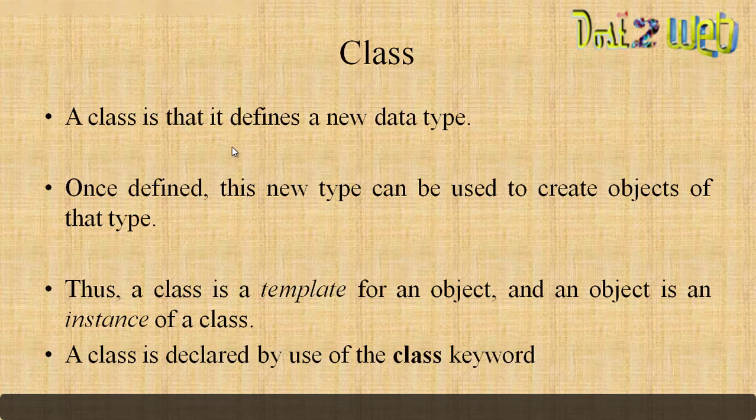I said about the class that you are defining: you are defining a new data type. A class defines a new data type, and that is what your my box instance is created from.